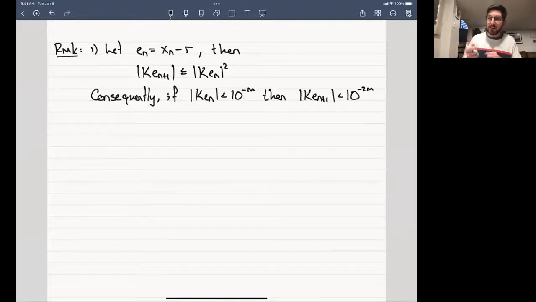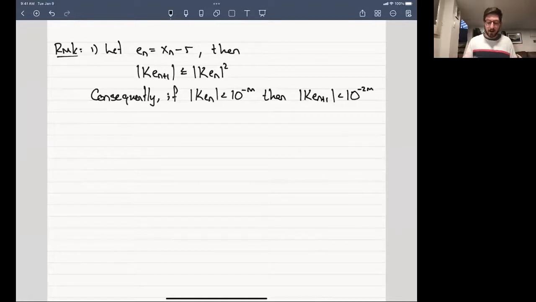Now you have to be careful, right? The k is in there scaling it. This isn't the error. It is the error relative to the size of k. But that is quite the jump, right? If you have 4 digits of accuracy, the next step is going to give you 8. If you have 8 digits of accuracy, the next step is going to give you 16.